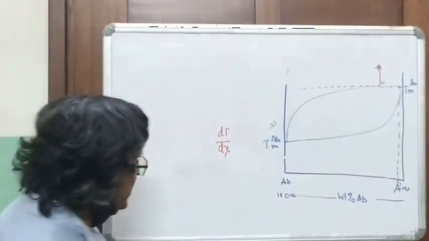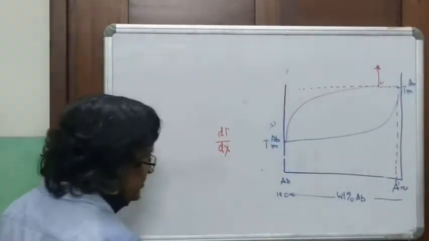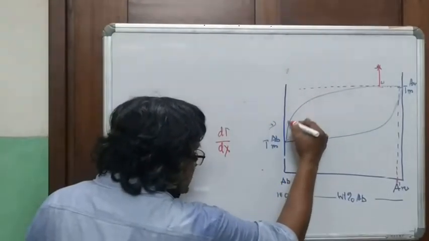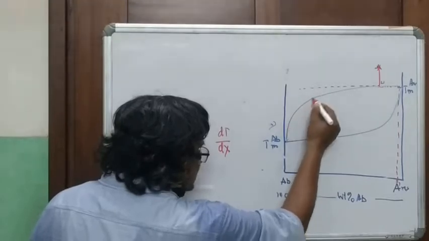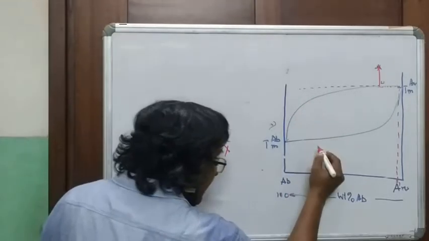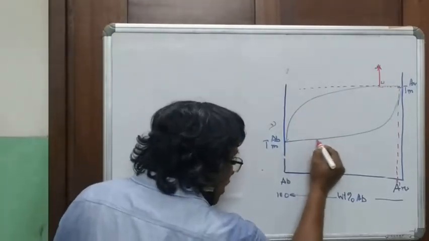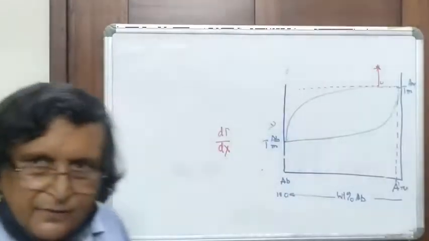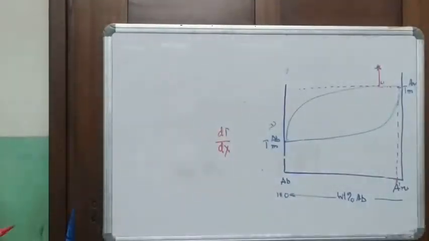If you go to the albite end, the dT by dX slope of the liquidus is very steep, but for the solidus, it is almost flat. Have you understood?